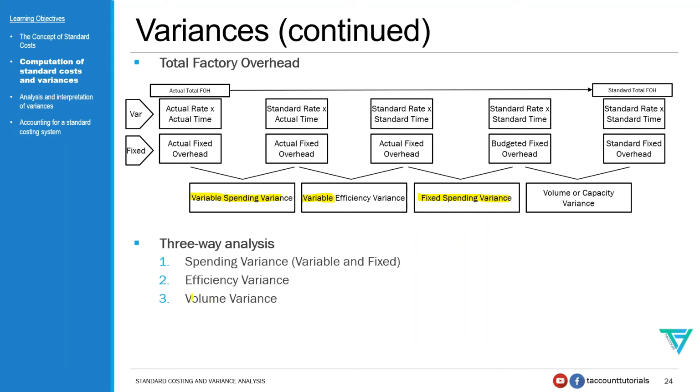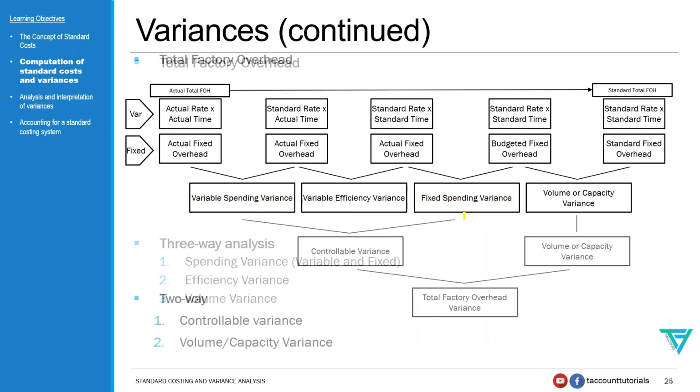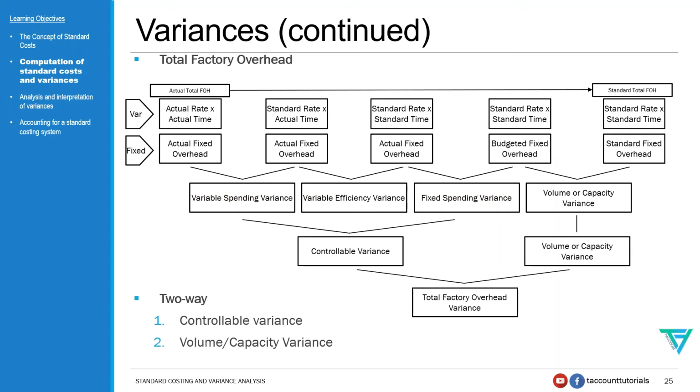And then lastly here we have the volume variance, which is basically, again, the difference between standard fixed and budgeted fixed. And then the last way of analyzing these is through the 2-way analysis, which we've discussed earlier. Again, if we break this down into the 2 main categories, we have controllable and volume or capacity variance.